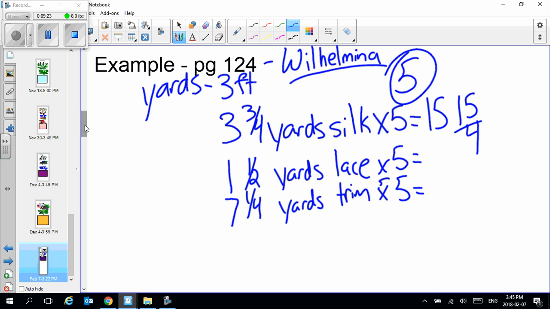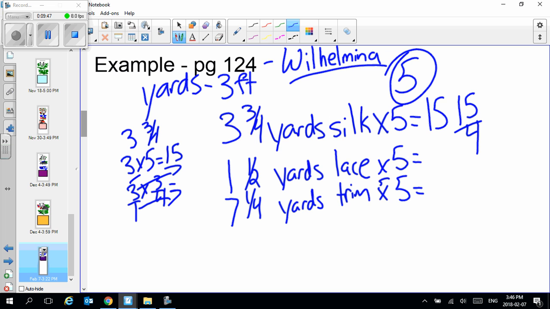All right, so what I did is I broke this down. I've got 3 3/4. So I went 3 times 5 equals 15. I went 3 times 3/4 equals. So this should be review from grade 9, but anytime I'm multiplying fractions, all I'm doing is multiplying straight across.